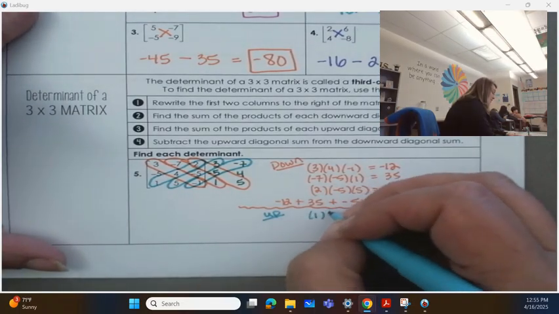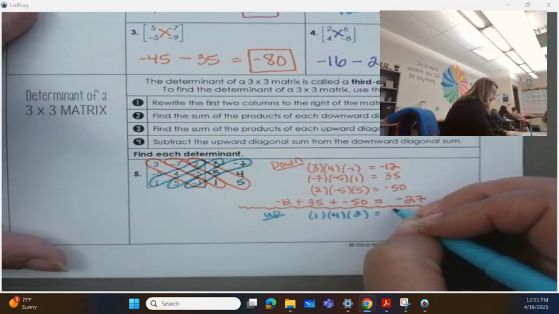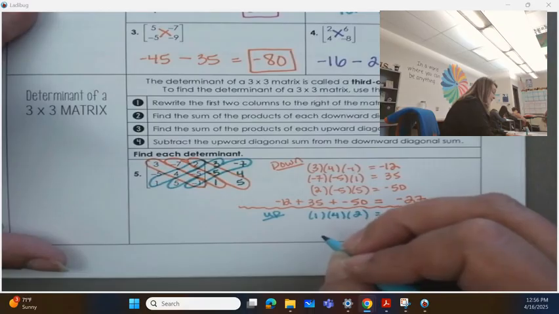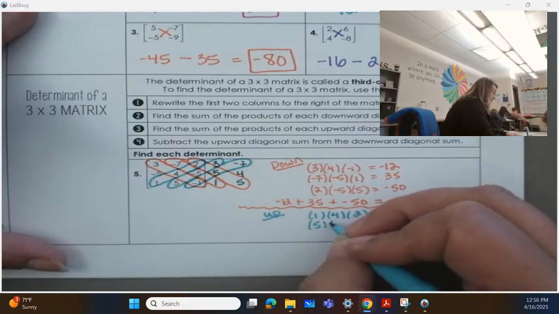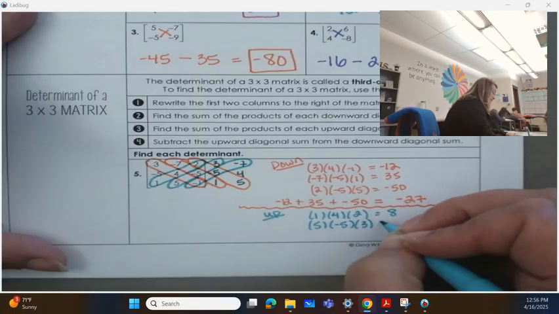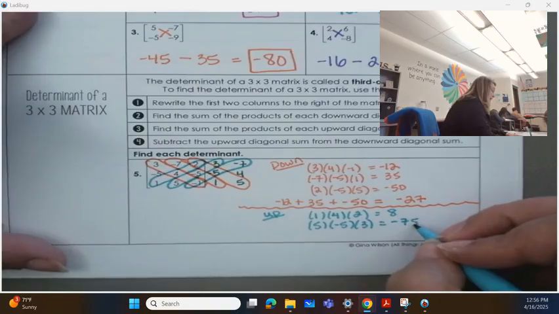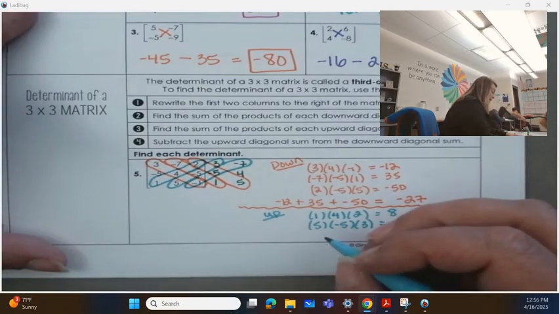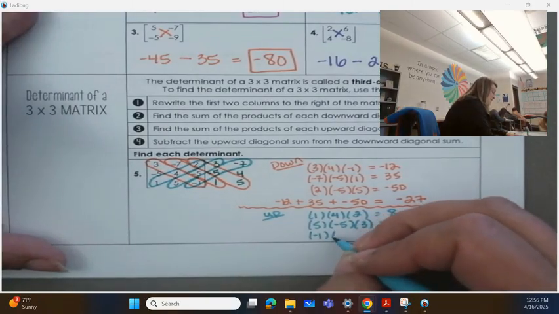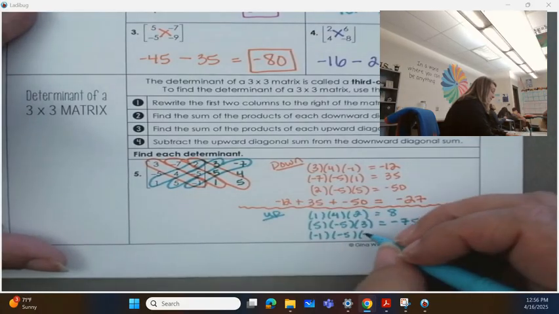So 1, 4, and 2, that's all 8. 5, -5, and 3. So -25 times 3 is -75. -1, -5, and -7.